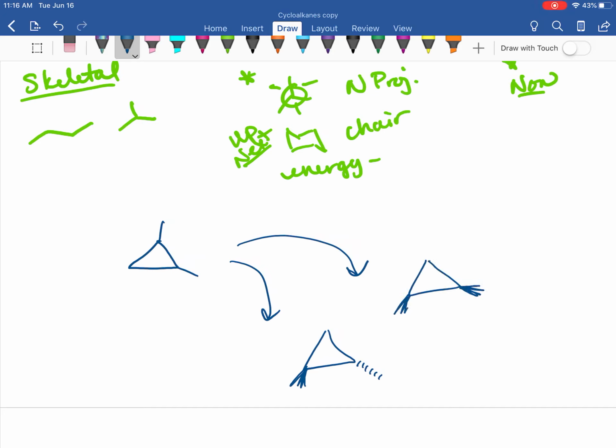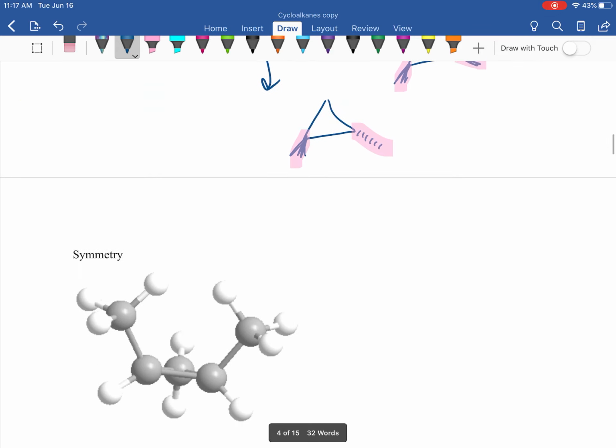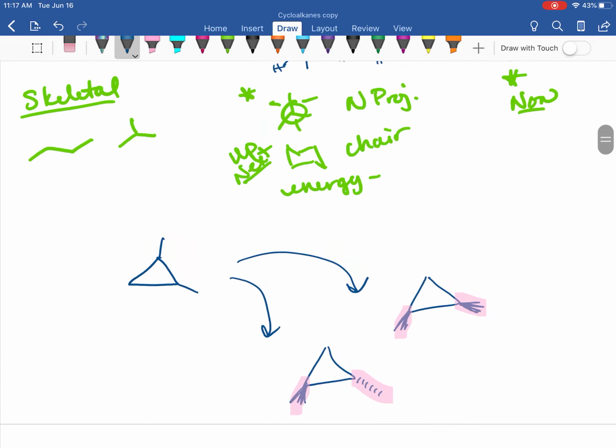Or what if they're both up or both down? So we have to use bolds and dashes in our drawing to actually tell our audience where in space these things are. And I've got them drawn in just a second underneath here, but I can also draw them from the side. So let's imagine they look like this.